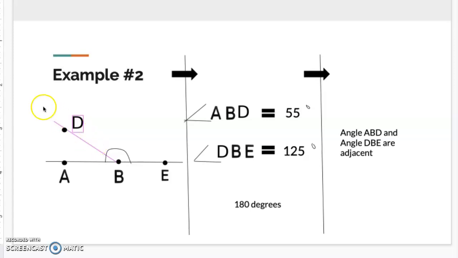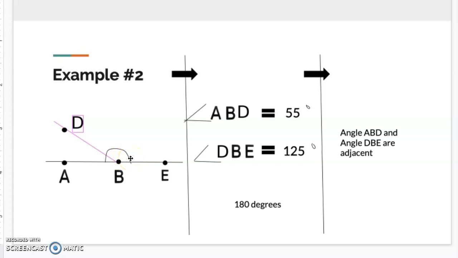But they are using the same line, which is D here, which is why I put in pink to differentiate this 55 degrees and 125 degrees here. So these two angles, ABD and DBE, are adjacent because they're using the same line. AB is using it for D. DBE, 125 degree angle, is using this D as well.